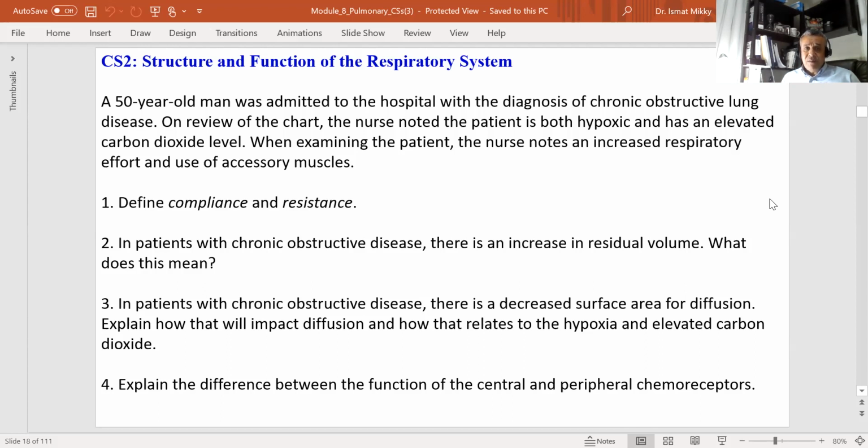With an insufficient amount of surfactant, they will have respiratory and pulmonary issues. So when there is a disease in the lungs that increases the size of the alveoli, it will negatively impact the surface area which should be available for the diffusion and exchange of the gases, CO2 and O2.